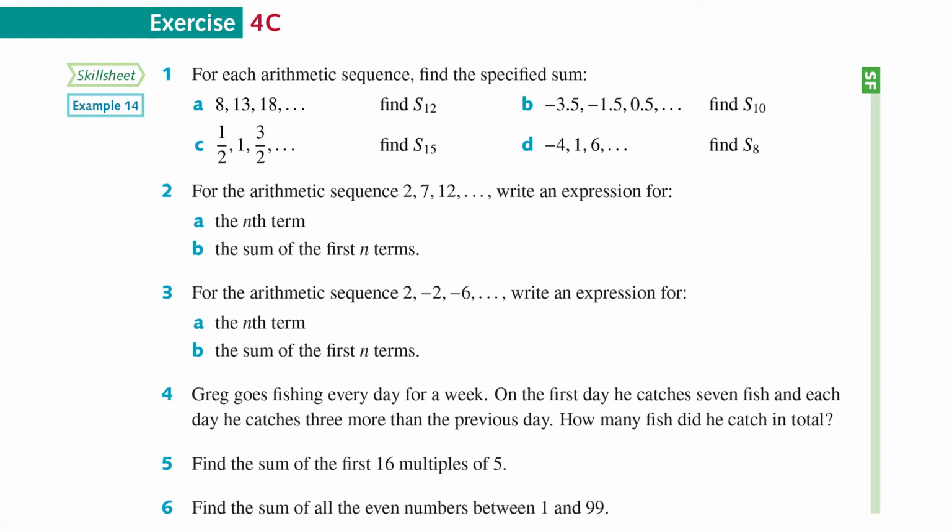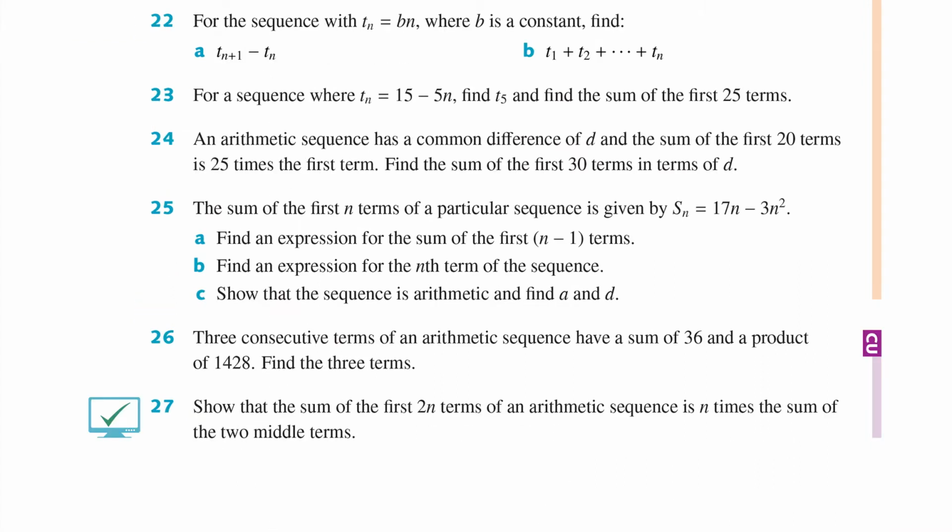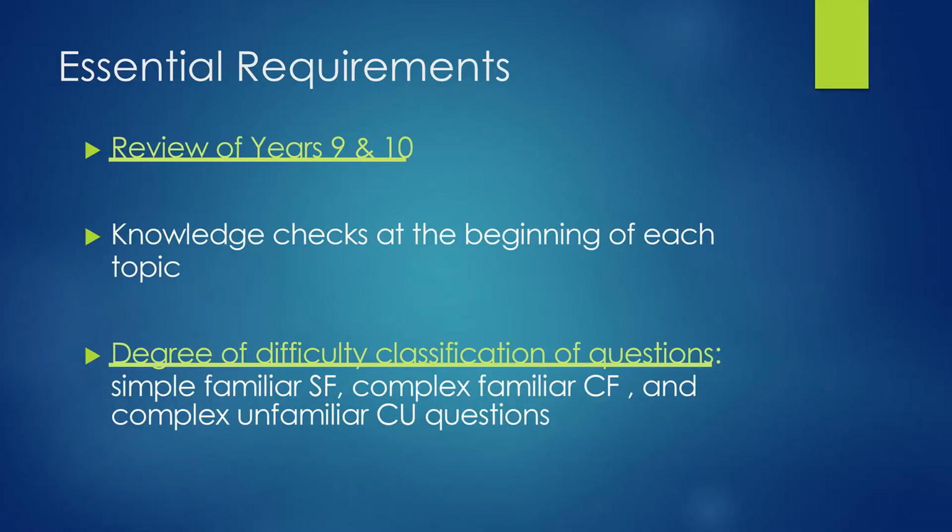And if I scroll down further, we get to the orange, CF for complex familiar. And further down again, complex unfamiliar. And you'll find that throughout the entire text. There's constant references to those degree of difficulty type questions. Very helpful as you deliver the course.